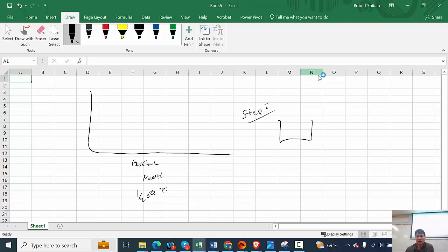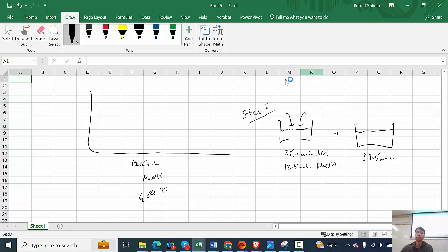And so I do step I. This is going to be equal to 25.0 milliliters of the HCl plus 12.5 milliliters of the NaOH. And so that's going to give us a total of 37.5 milliliters of mixture.